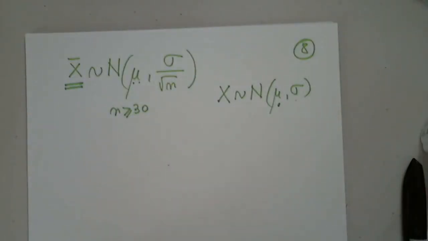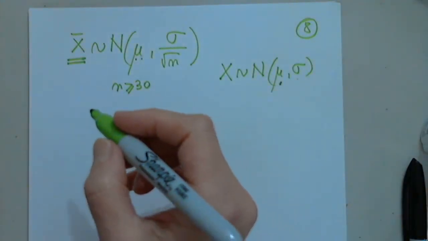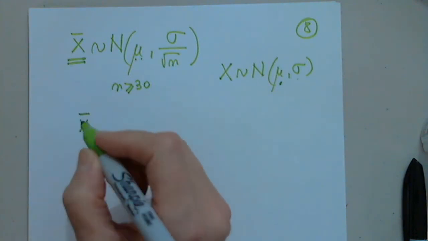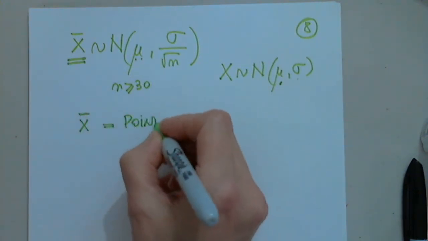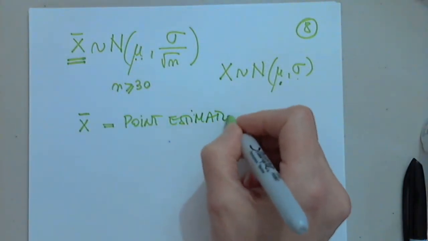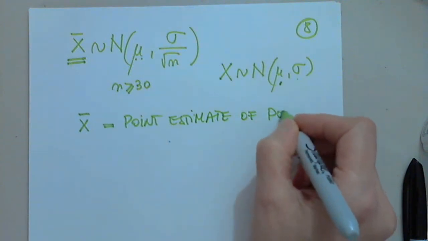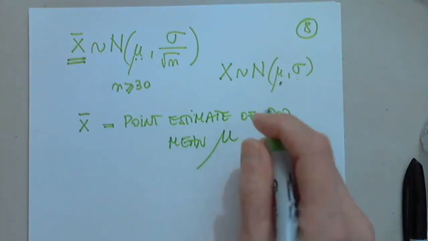So now we're continuing with analyzing the fact that x bar is a point estimate, which we already know, of the population mean, denoted by mu.